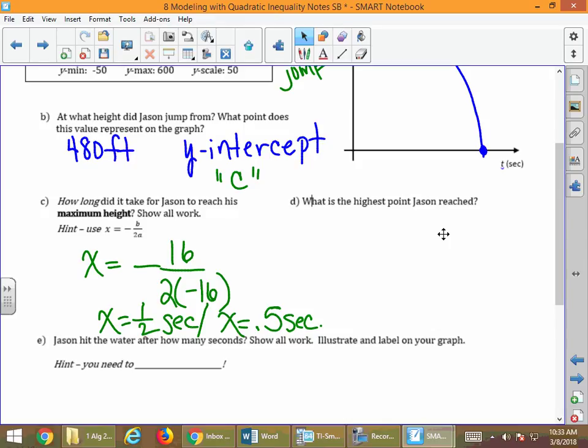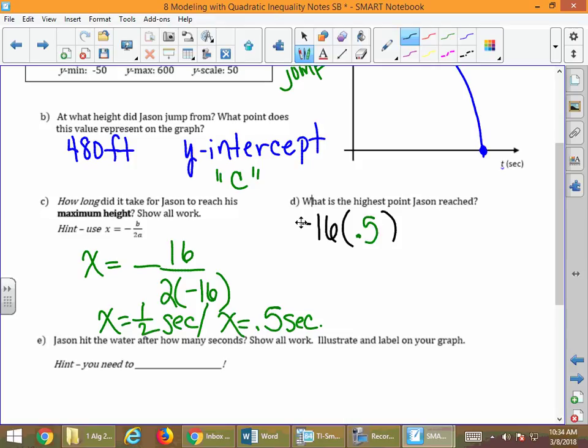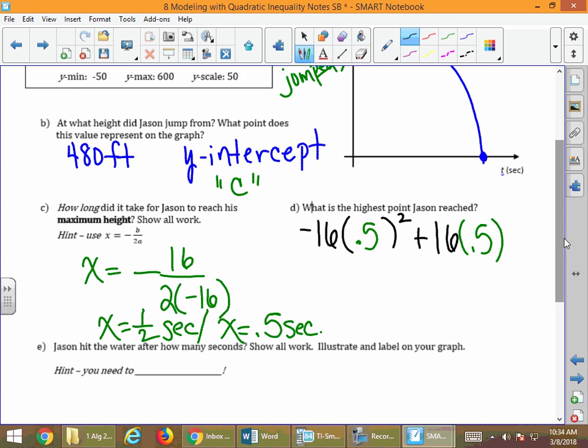And by the way, again, I left the maximum height in terms of 0.5 seconds if you prefer, because what we're going to do is we're going to take this value and we're going to put it back into our equation, which is going to be the negative 16 times the 0.5 squared plus 16 times 0.5 plus the 480.